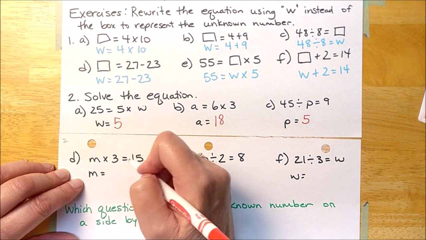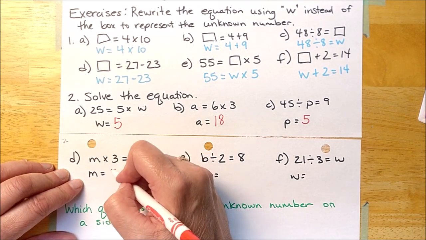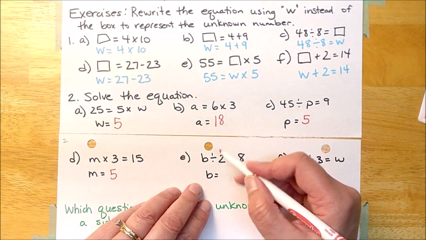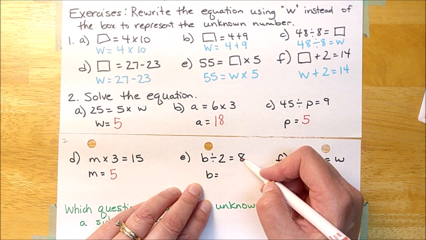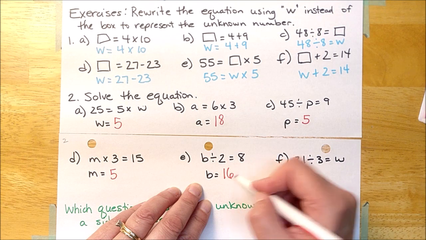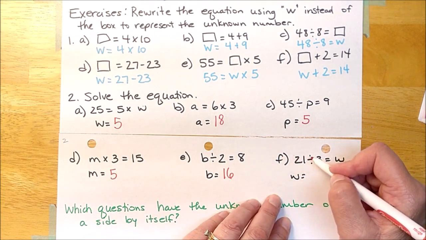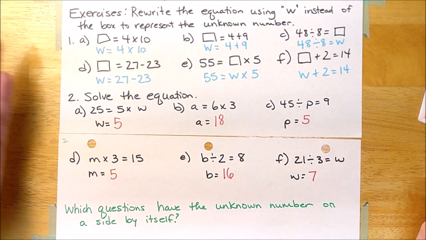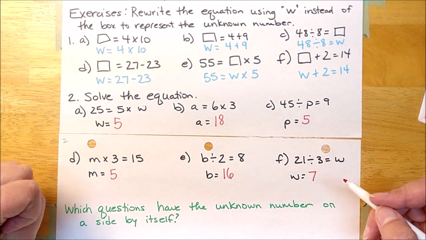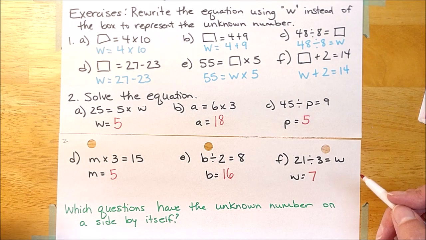What times 3 equals 15? 5 times 3 equals 15. What number, when I divide it by 2, am I left with 8? 16. And what is 21 divided by 3? It equals W, and W is 7.